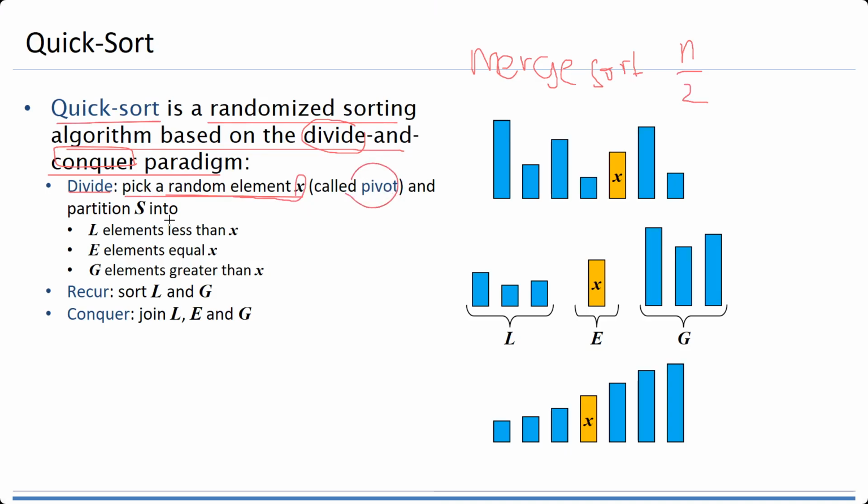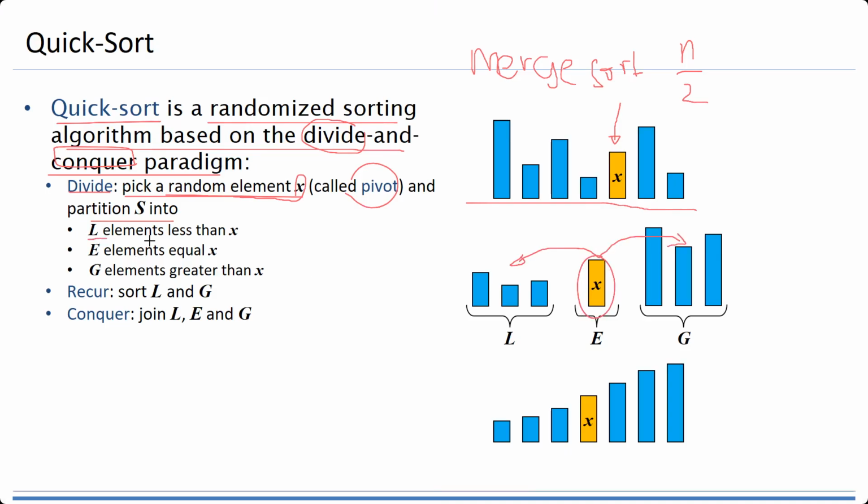So this pivot will be the partition. If I have some data like this, I need to select this random element, and then this random element will be the splitter. So I will use this one as the element E, and then I will find which elements are less than x and which are higher than x.